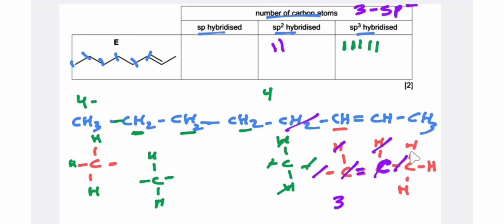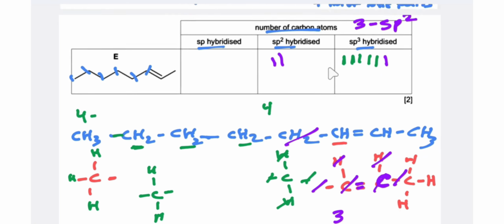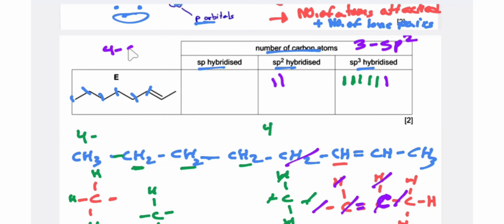And this carbon is attached to 4 atoms, so it is sp3 hybridized. So if it is attached to 4 atoms, sp3 hybridized; 3 atoms, sp2 hybridized; 2 atoms, sp hybridized. In total there are 6 sp3 and 2 sp2 hybridized carbons and no sp hybridized.